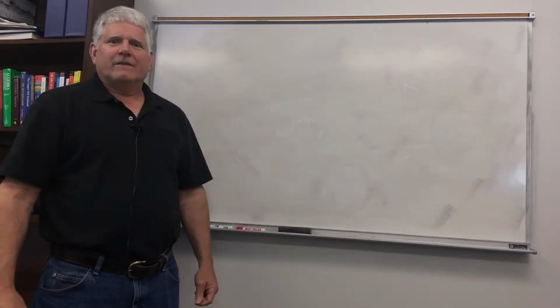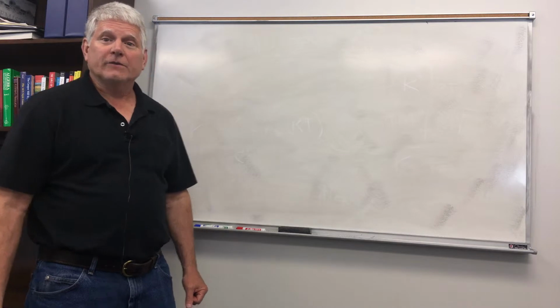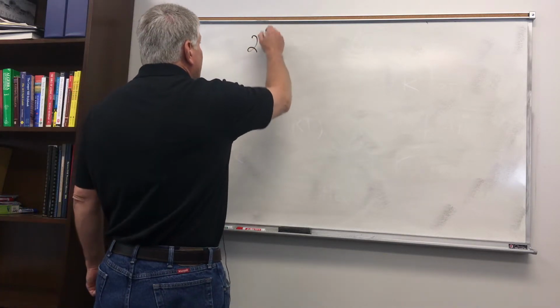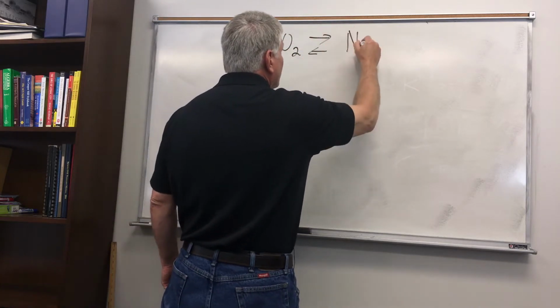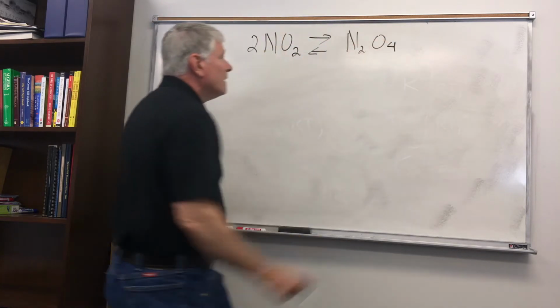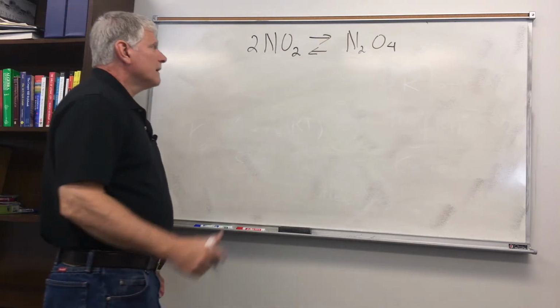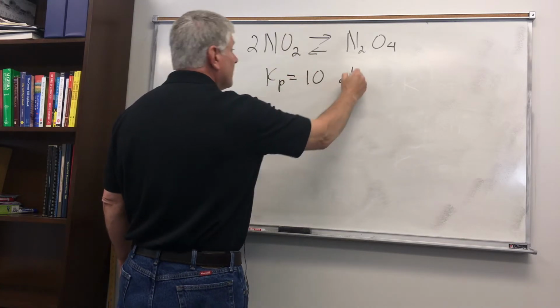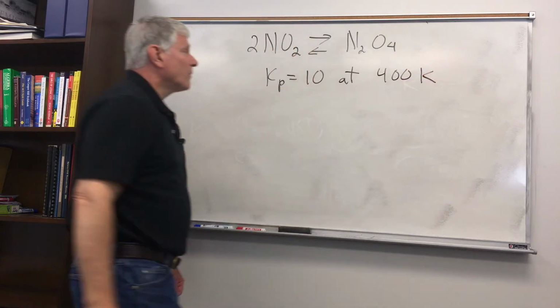So let's do an example of converting between pressure and concentration units for the equilibrium constant. Let's consider this reaction, the dimerization of nitrogen dioxide, and we measure Kp, and it's 10 at 400 Kelvin.